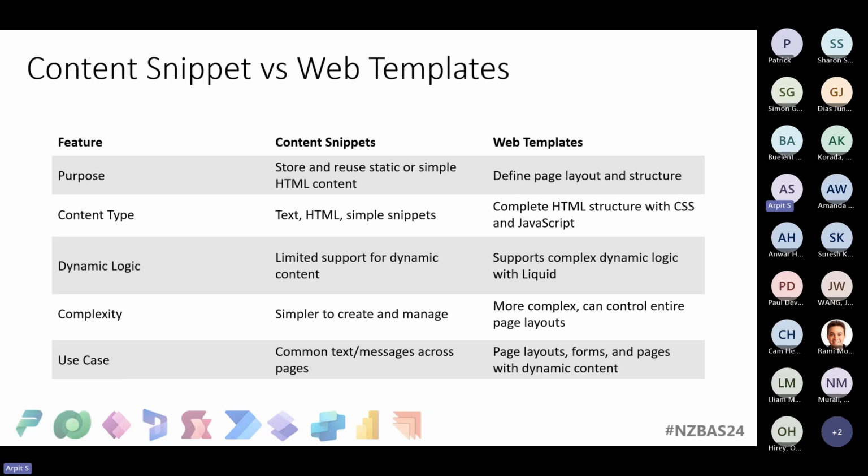But both can be used to write reusable components. For example, if you have to write phone or mobile number or email validations that could be common across multiple pages, instead of writing the same validation logic again and again, you can write it in either the content snippet or the web template and then include it in multiple pages, right?